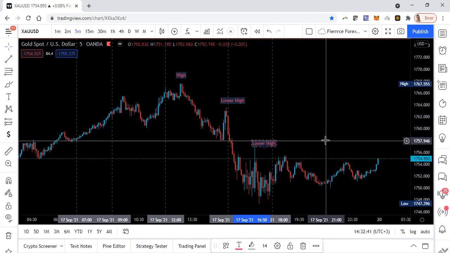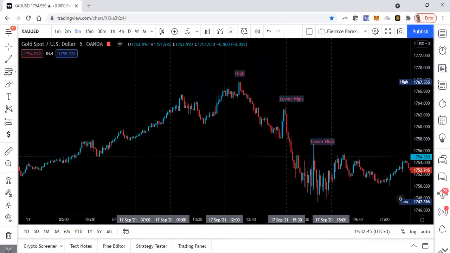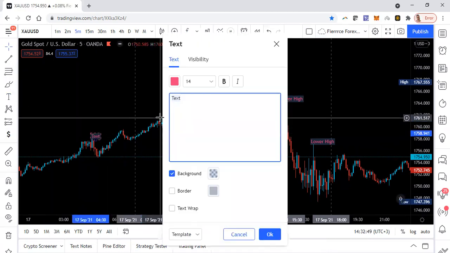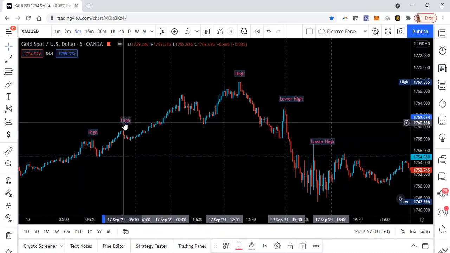The opposite is true. On an uptrend, all we see is higher highs. So let's say this is a high here. And then we see a higher high.